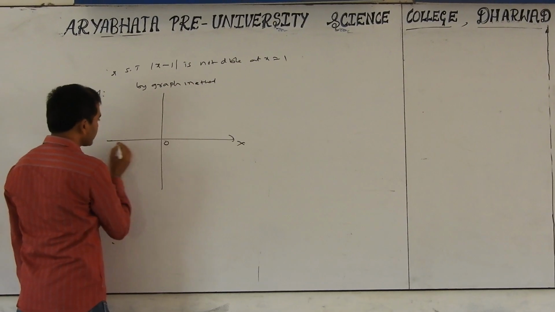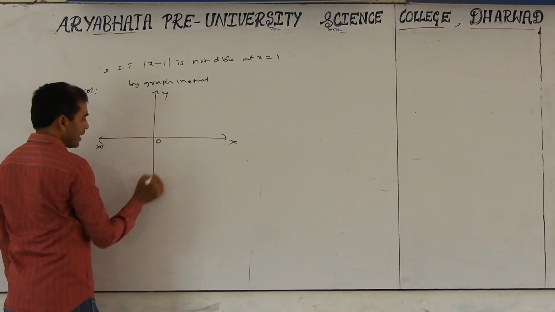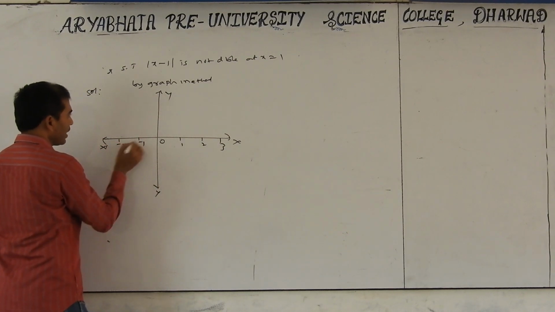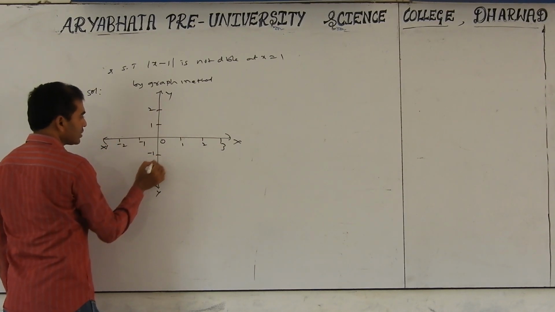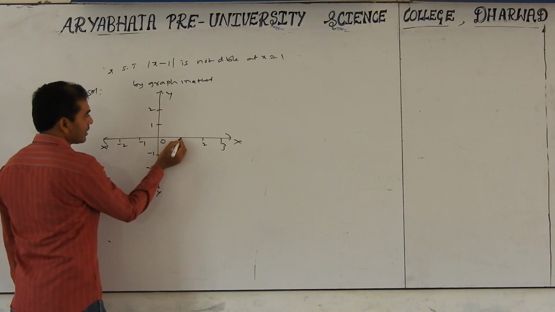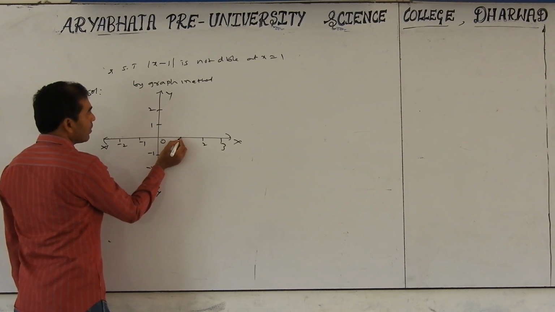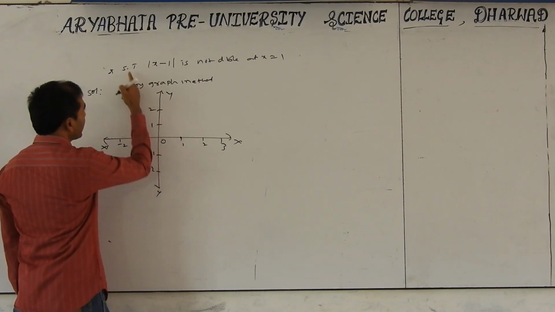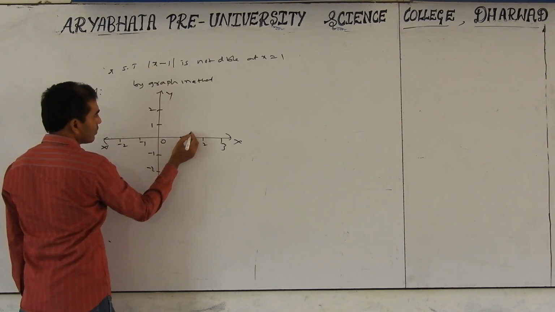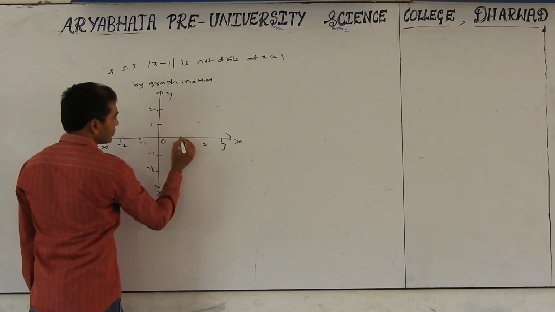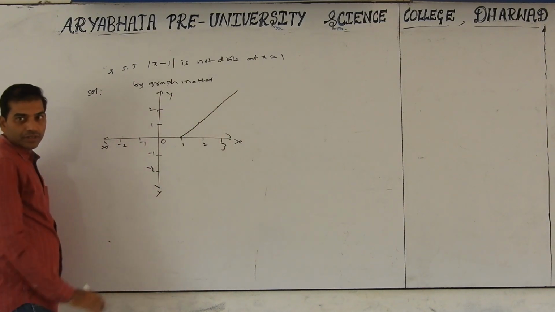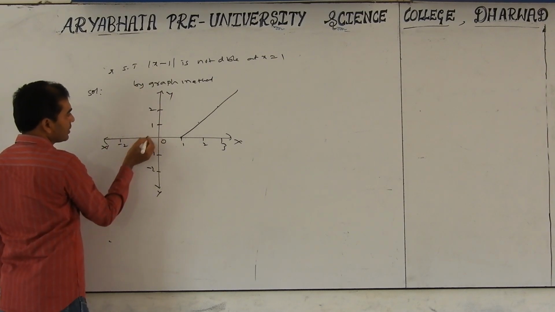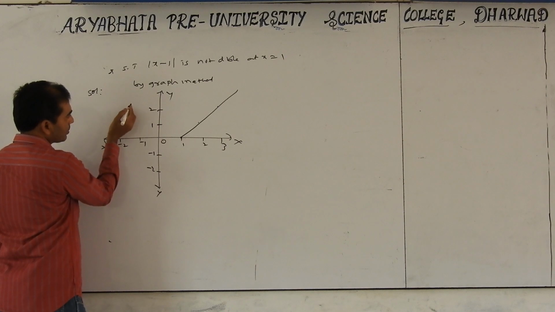Here x to x dash, y to y dash, with 1, 2, 3, minus 1, minus 2 marked on the axes. At the turning point 1, mod x minus 1: if you take 1, 1 minus 1 is 0. If you take 2, mod 2 minus 1 is 1. 3 minus 1 is 2. If you take 0, mod 0 minus 1 is mod minus 1, which is 1.